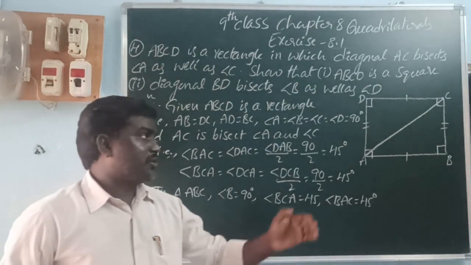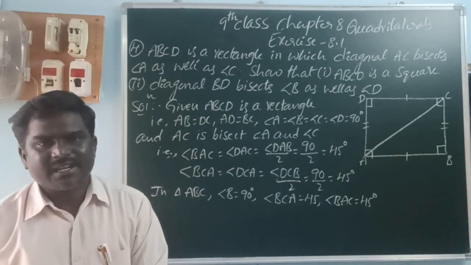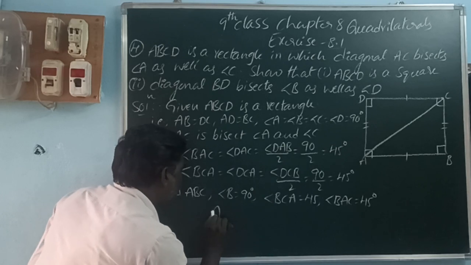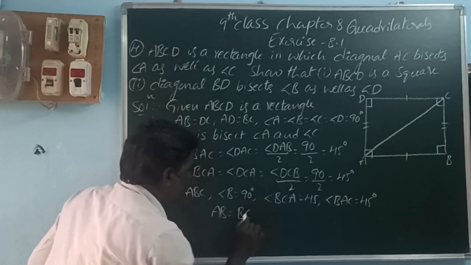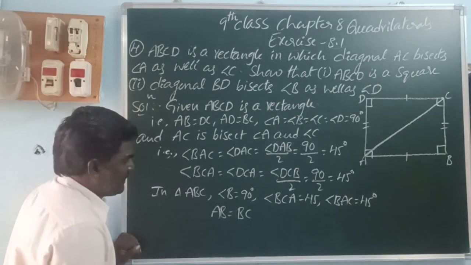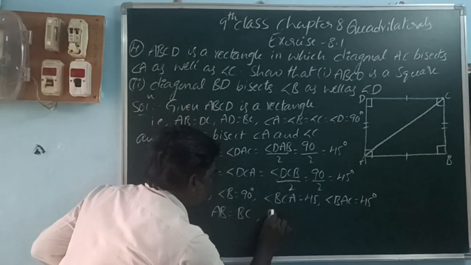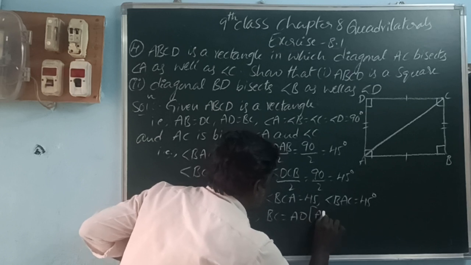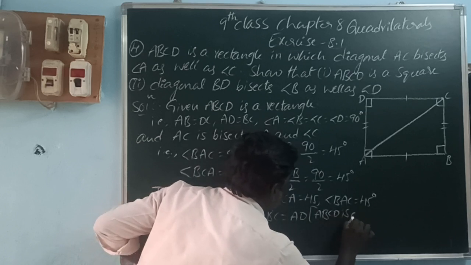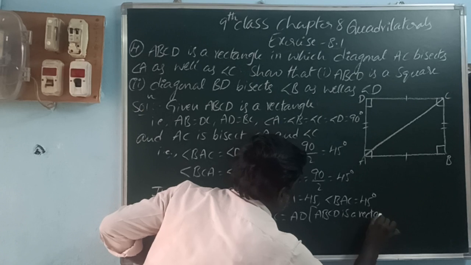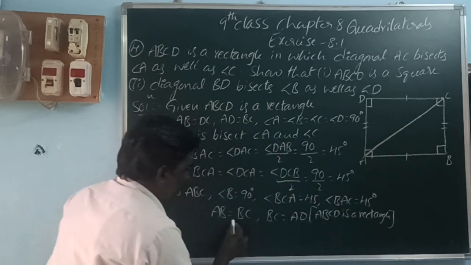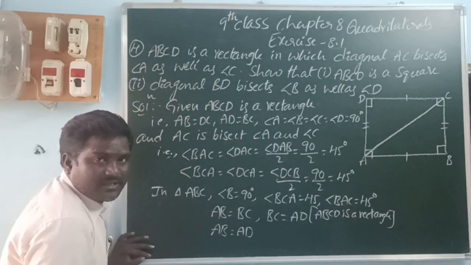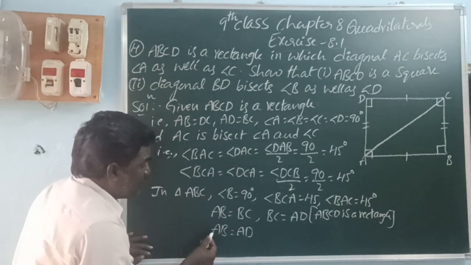So in a triangle, if any two angles are equal, then their opposite sides are equal. So here AB is equal to BC. But BC is equal to what? AD. Why? ABCD is a rectangle. So from these two we can say AB is equal to AD.